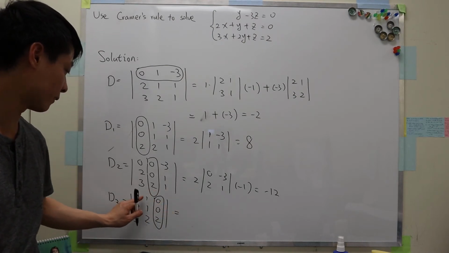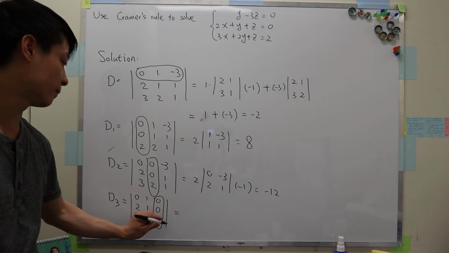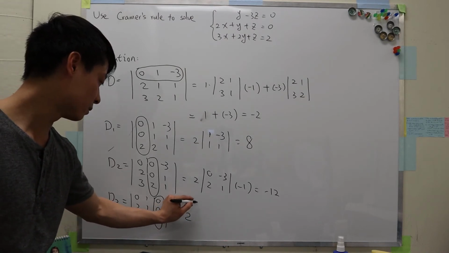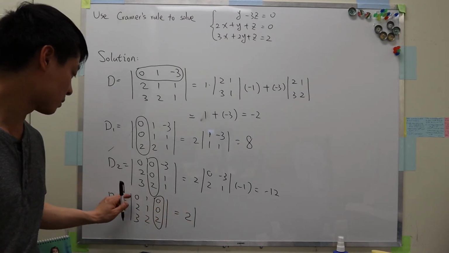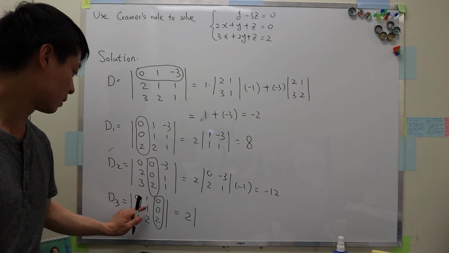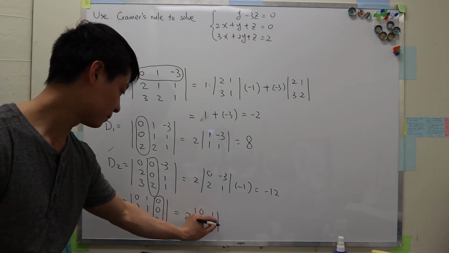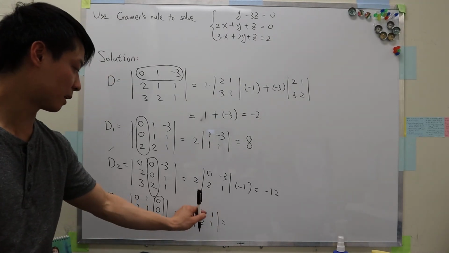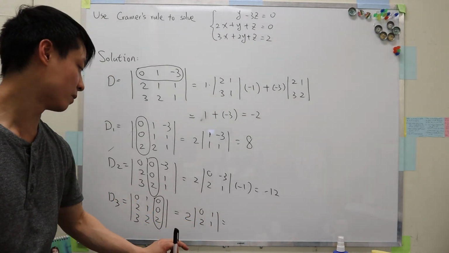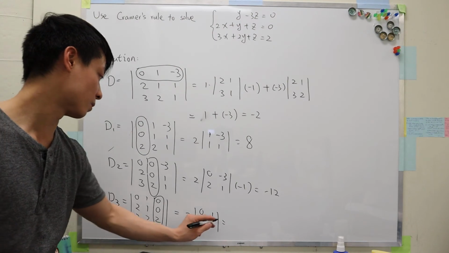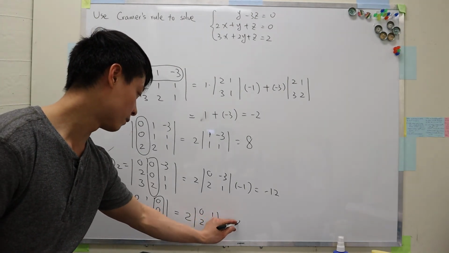So I have positive, negative, positive. 2 is positive. Now delete this row and column, leaving 0, 2, 1, 1, and cross multiply. 0 minus 2, that is negative 2, times 2. So it's negative 4.